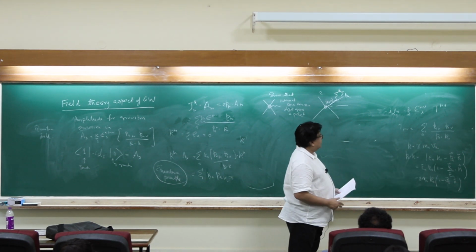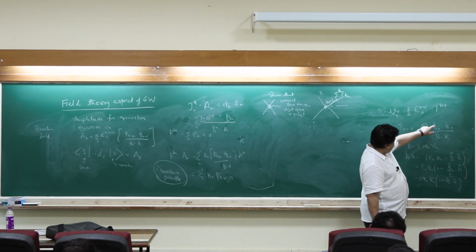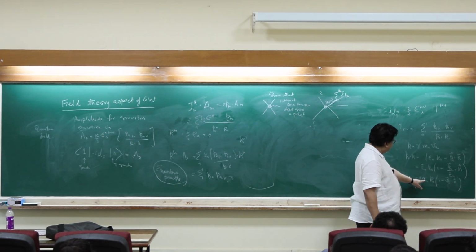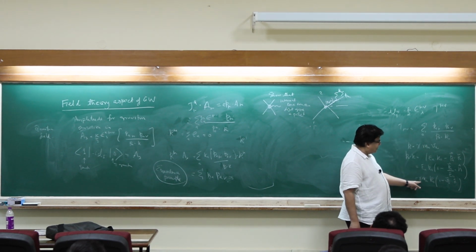So write this all out. You will see that this will give you m square, which will cancel with the denominator m. Then there will be a gamma square in the numerator, which will cancel with one gamma here.